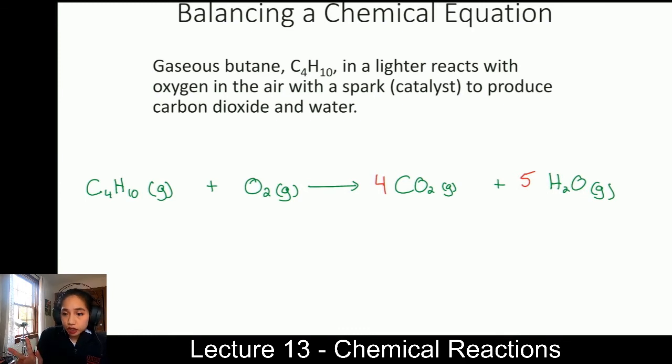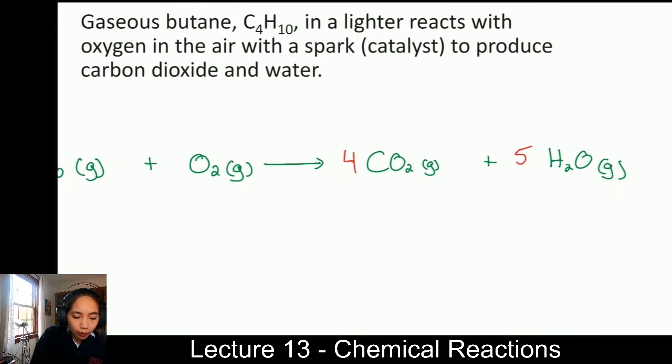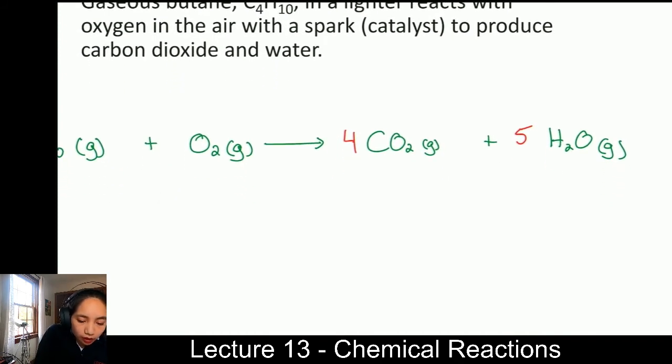Now it's oxygen. So oxygen, count the number of oxygens on the product side. So here there are 4 times 2. So there's 8 oxygens from CO2. And then there's 5 oxygens from water. And so if you count that up, that's a total of 13 oxygens.